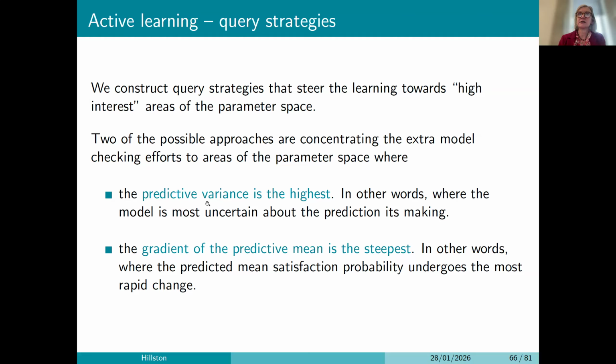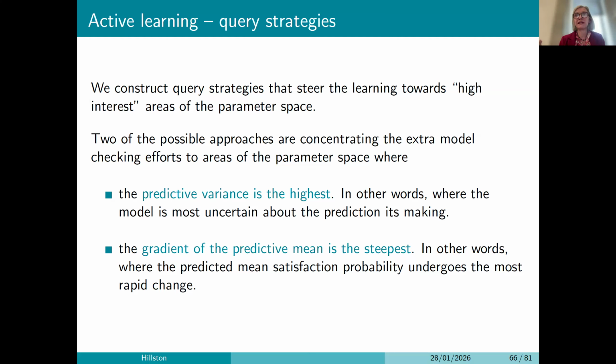We can do it in terms of predictive variance, in other words where the model is most uncertain, and this is what's done in the smooth model checking. You concentrate your next samples where that distribution is still wide. The other way is to look at where the predictive mean is steepest, so where things seem to be changing most.